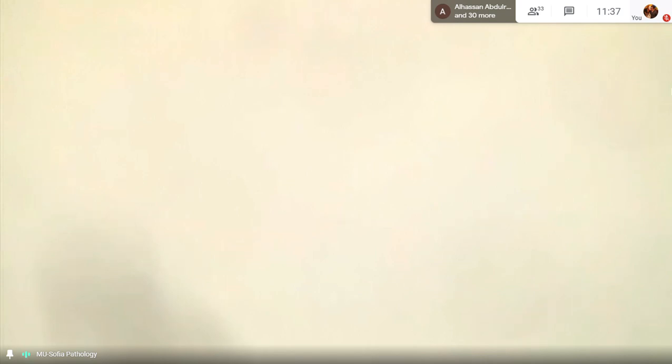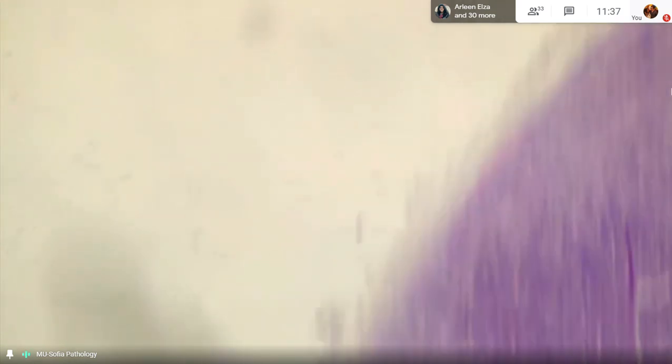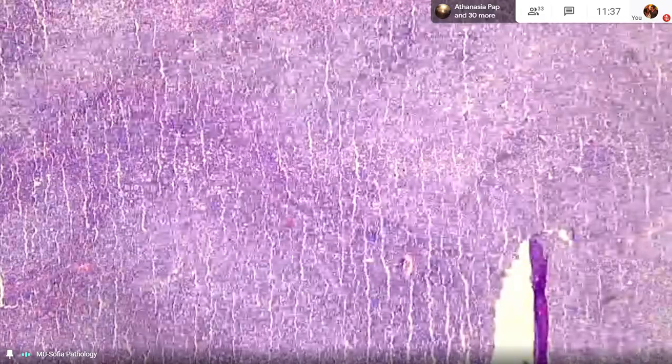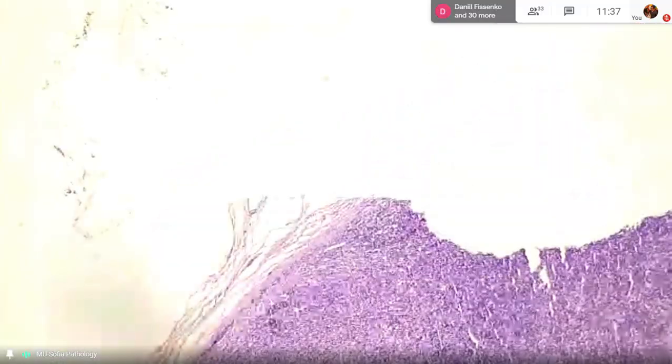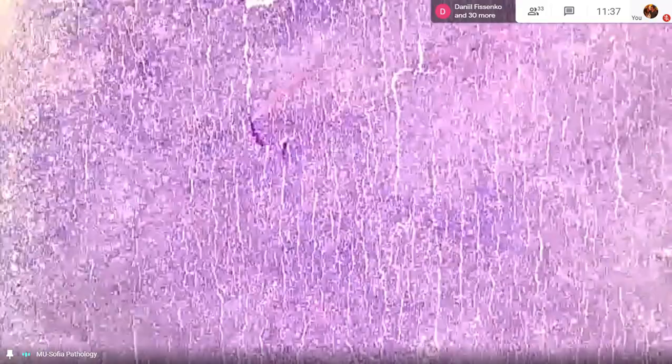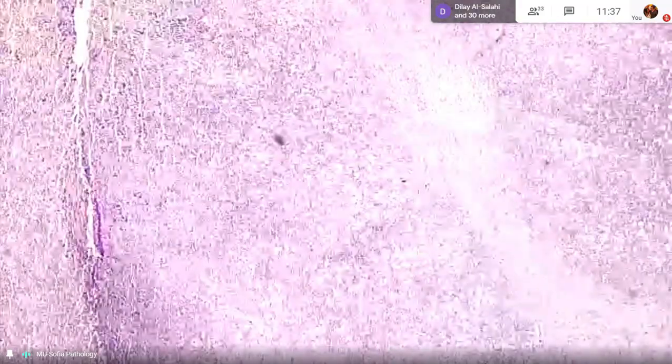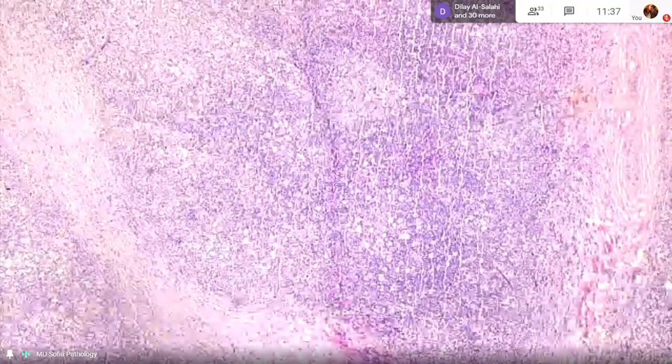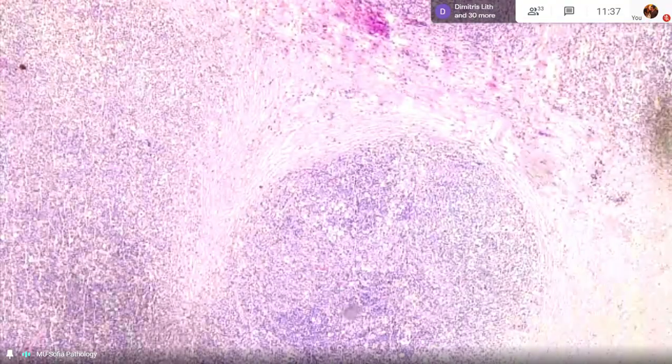In the Hodgkin's lymphoma, the whole structure of the lymph node is effaced by proliferation of different type of cells that we are going to discuss. But you cannot easily find where were the normal follicles.